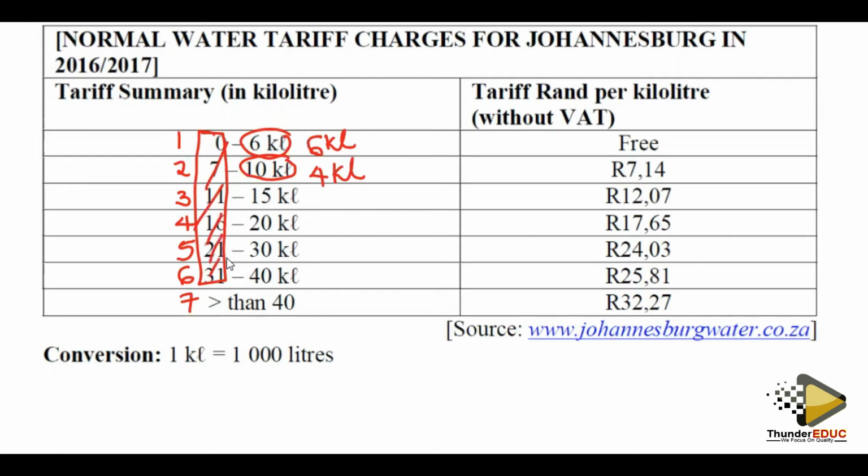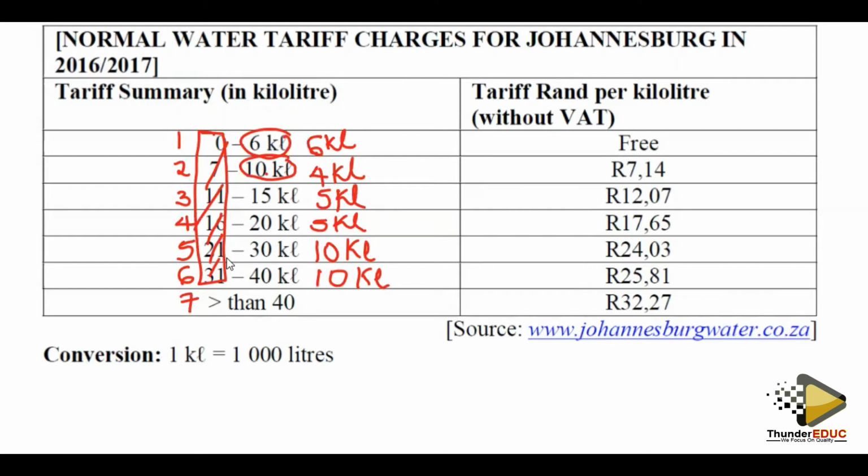So here, to get the maximum kiloliters in bracket number 3, it will be 15 minus 10, which is 5. Then again here, it will be 20 minus 15, which is 5. And it will be 30 minus 20, which is 10. And 40 minus 30, which is what? 10 kiloliters. Now we've got the maximum kiloliters in each bracket.